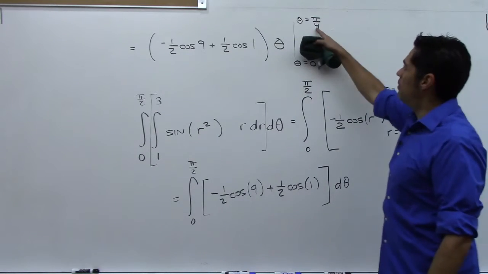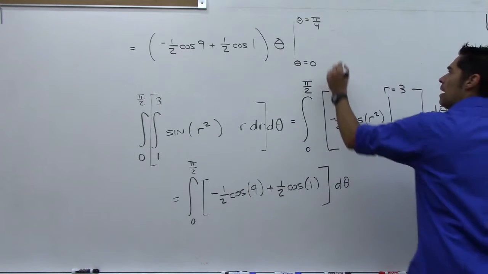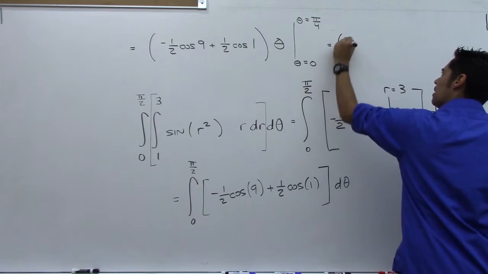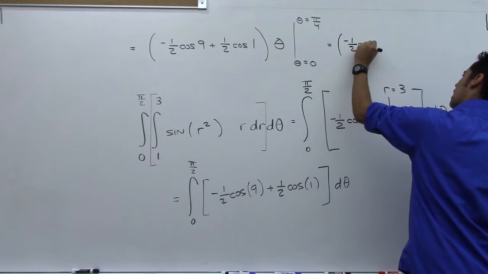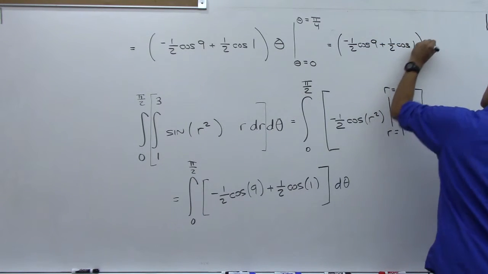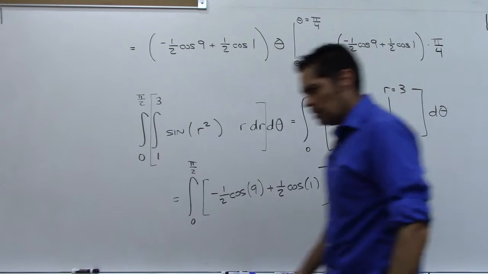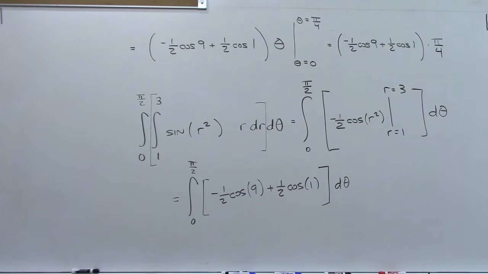And when I plug in pi over 4, I just get pi over 4 times that. When I plug in 0, it wipes out. So my answer is going to be weird looking. Negative 1/2 cosine 9 plus 1/2 cosine 1 times pi over 4. Whatever that is as a decimal. But we can just leave it like that. Minus on there, plus on that. Okay.